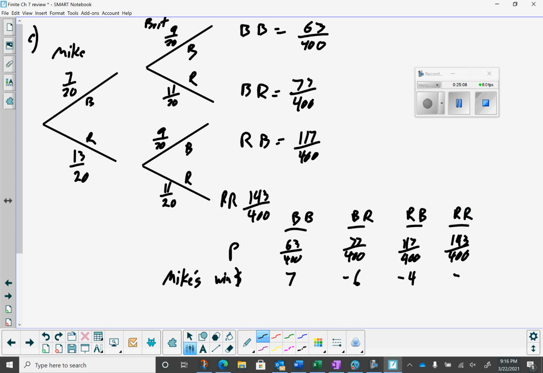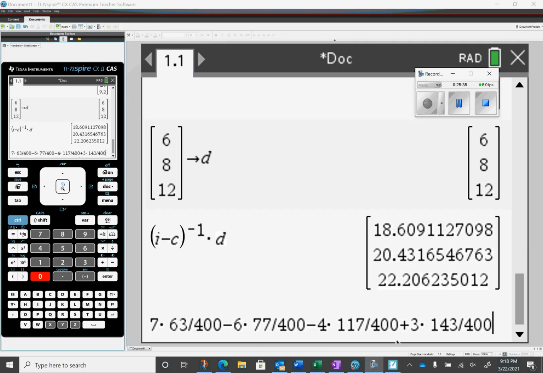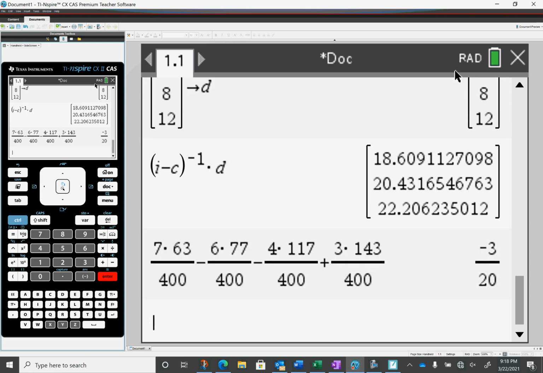And if it's red, red, he wins 3. So with this lovely chart, we can then find those products and then come up with Mike's expected outcome. So I've just gone ahead and put those in. Again, the losses I just typed in as negatives.